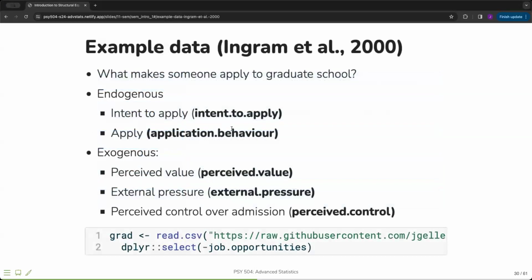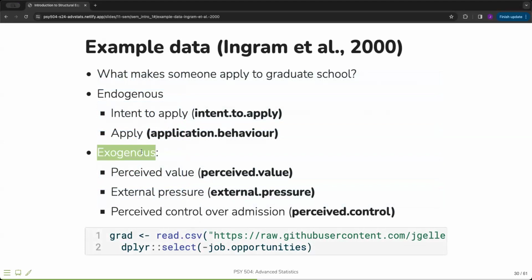And to highlight that, I'm going to use a data set that has several variables that predict intentions to apply to grad school, and then also if you actually apply to grad school. So when we load in this data set here, we have 5 different variables that we're going to look at. So we're going to have 2 endogenous variables, which is intent to apply. So do you want to apply to grad school? And then if you actually applied to grad school.